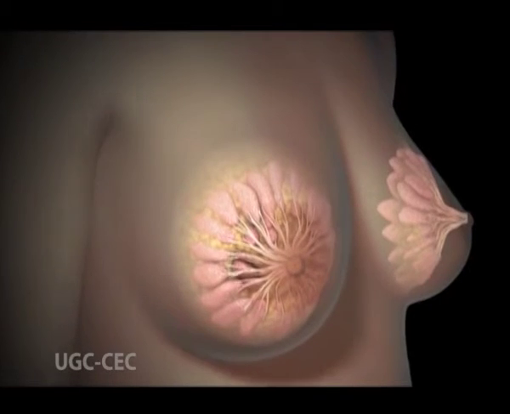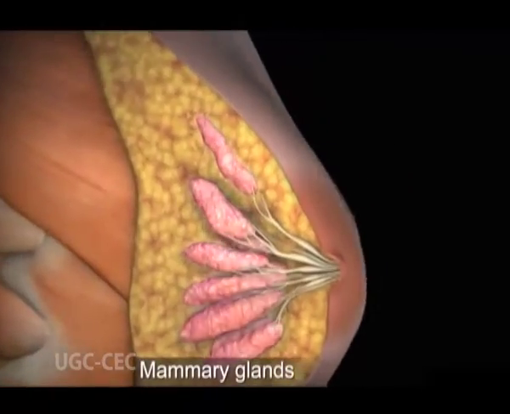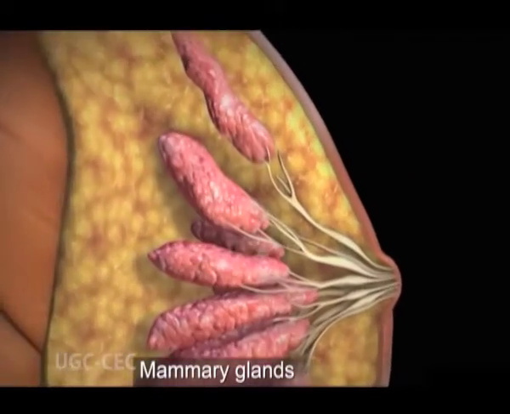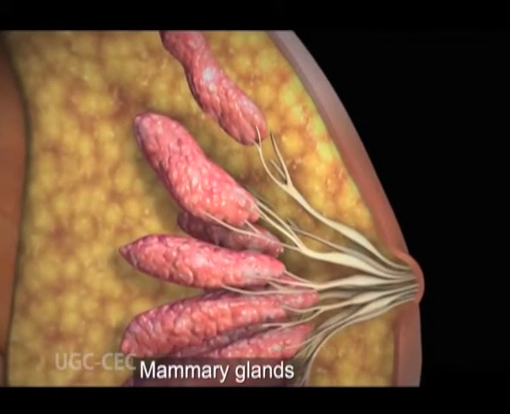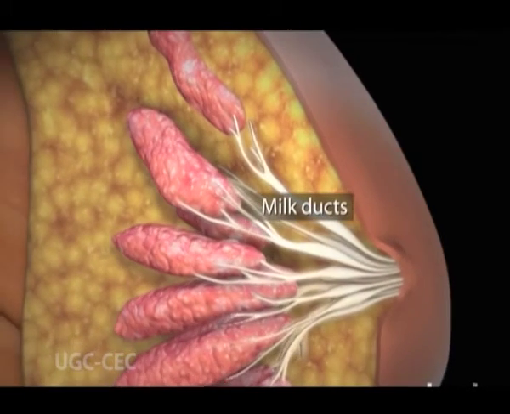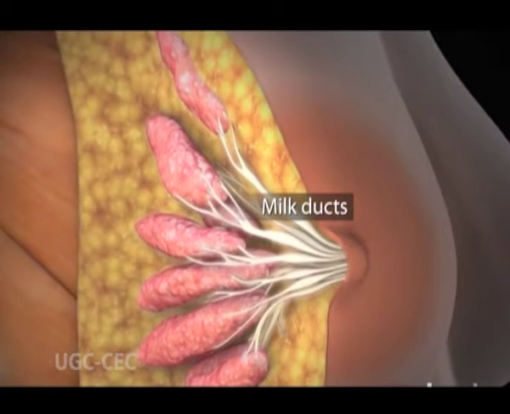The mammary glands are a special type of apocrine glands that have been modified to produce milk to feed infants. Within each breast, 15 to 20 clusters of mammary glands become active during pregnancy and remain active until milk is no longer needed. The milk passes through milk ducts on its way to the nipple, where it exits the body.